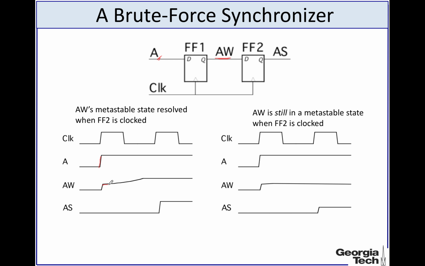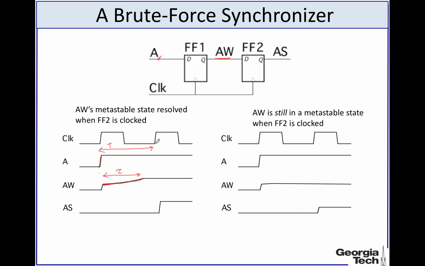The metastable state resolved within a time period less than the clock period. So the clock period is T, and the settling time of the metastable state, tau, is smaller than the clock period.